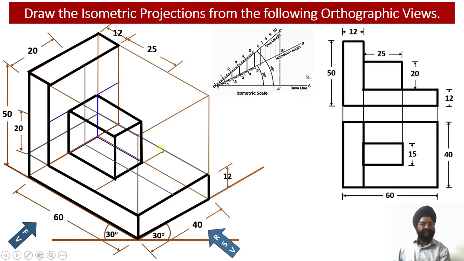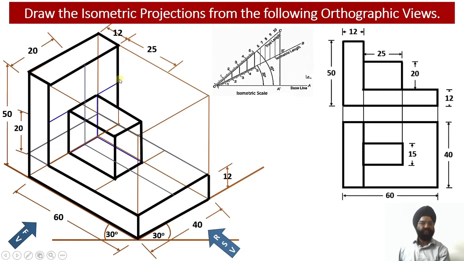Similarly, regarding element number 1, this portion corresponding to this edge will be visible to the observer. So only this length of the edge will be darkened, whereas the remaining portion is not visible. It has been covered by this rectangular web. So this portion of the top surface of the element number 1 will not be darkened.